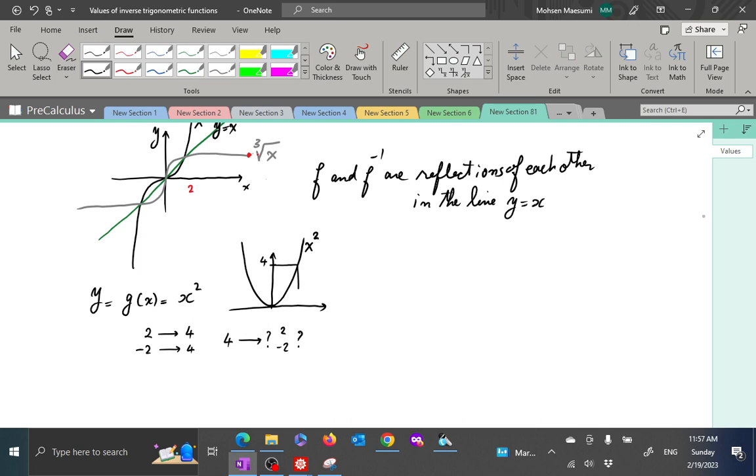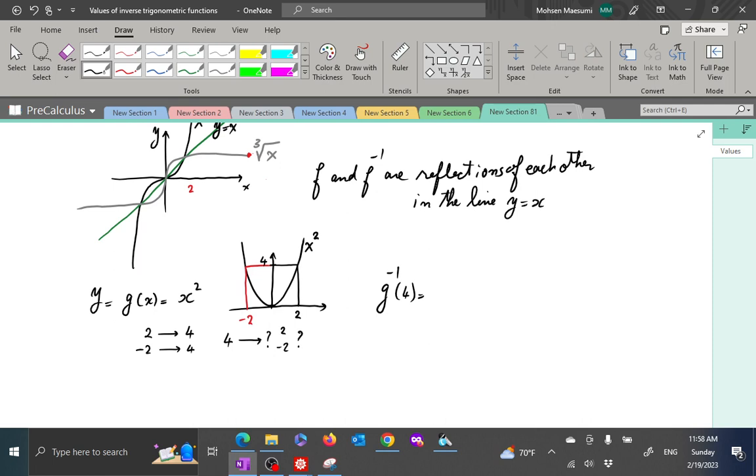I could say I started at 2 and ended at 4, or I could say I had started at minus 2 and came to 4. So if I want to define g inverse of 4, should I say 2 or minus 2?